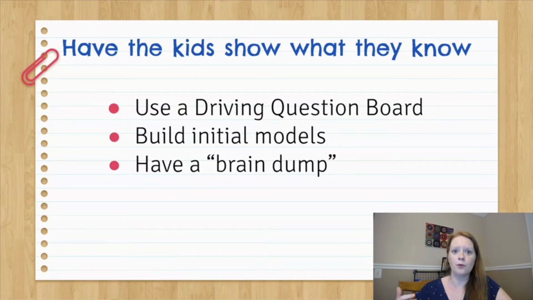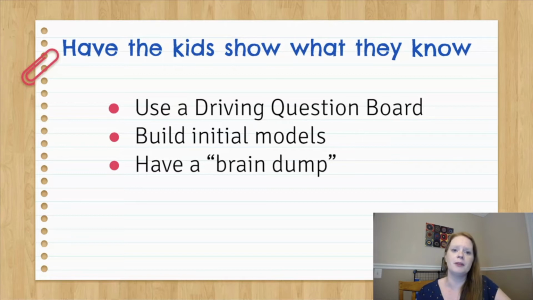From posing that question, we can have the students come up with their own questions, figure out what they want to know, what happens, and get them really thinking about the process of what's going on and how it all works. By generating even more questions about our main question of why we sweat, we can understand what they already know and have them start thinking about what they want to know.